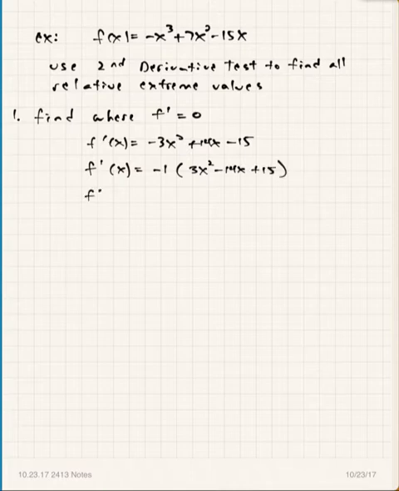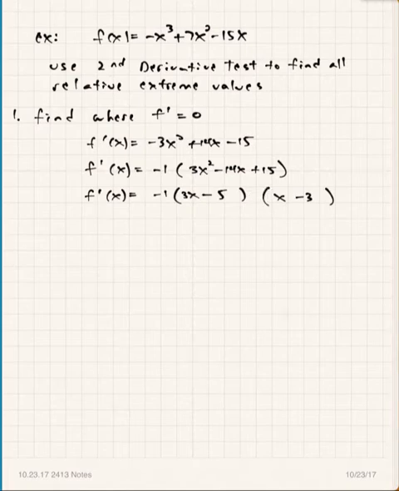And that is a factorable polynomial, which is nice. Put a 3x here and an x here, and you get 3x minus 5, x minus 3. That would give you the 14x that you need as the middle term. So f prime is equal to 0 when x is 5/3 and x is 3.